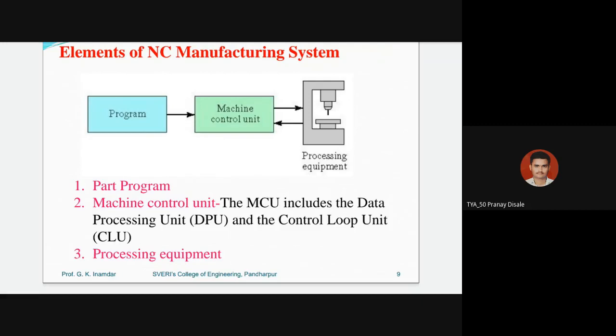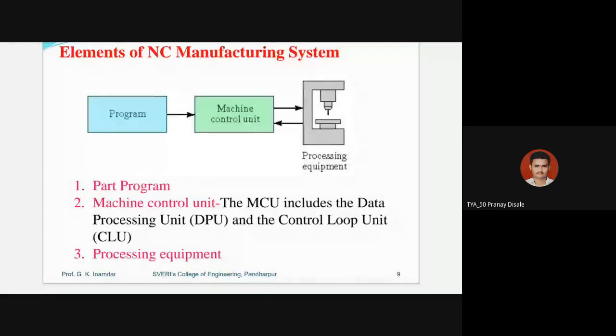Now the third and last element is process equipment. Process equipment is nothing but the machine tool. It is the output generating component of the NC system. Whatever program we have given, that product will be directly manufactured in that processing equipment. The MCU transmits the program of instructions to the machine tool to generate different relative motions between the workpiece and cutting tools.